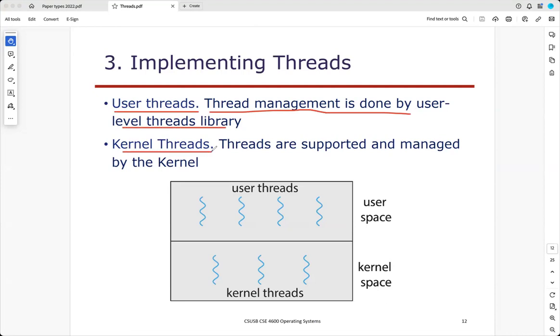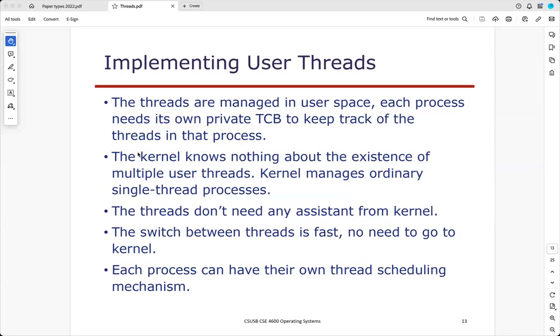Kernel threads are supported and managed by the kernel. The user threads are managed in the user space. Each process needs its own private thread control block to maintain and keep track of the threads in that process.